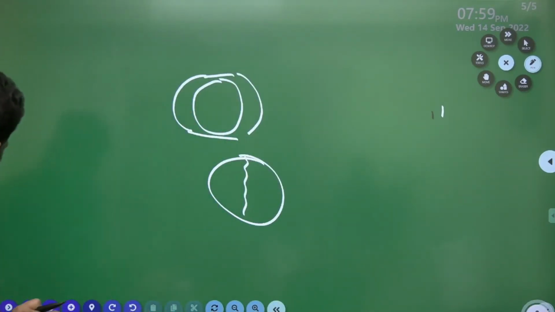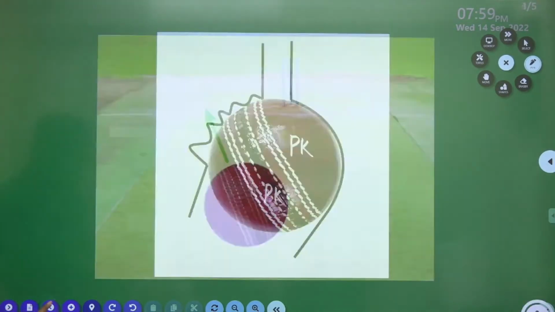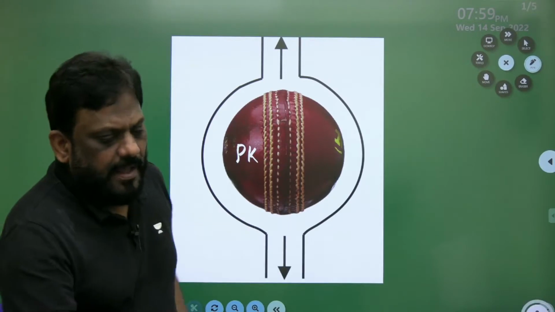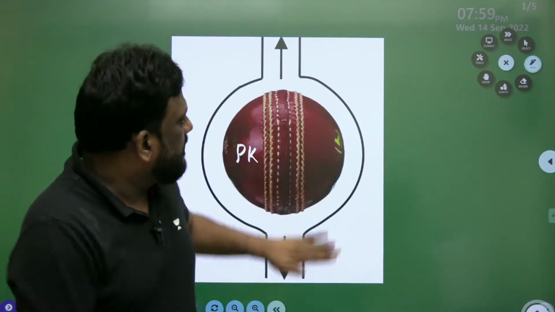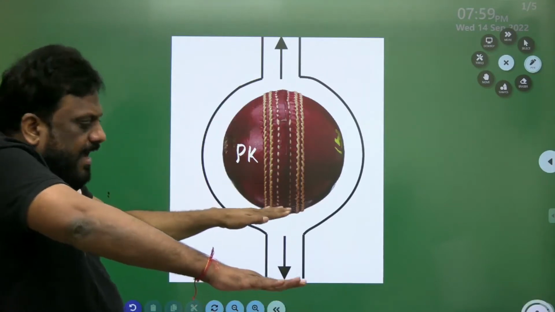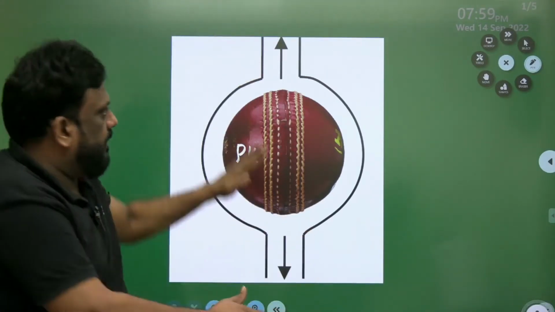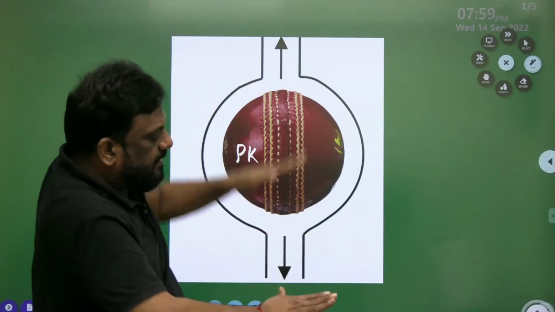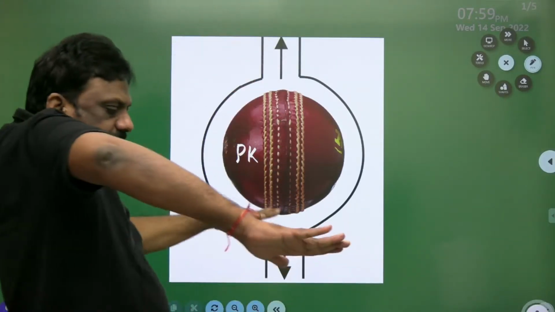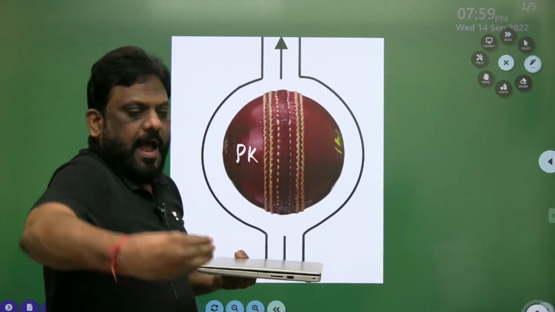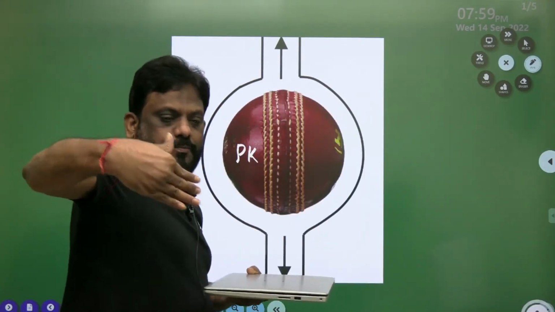Now let us take absolutely a new ball. Try to understand concepts very clearly. Let us assume that this is the ground. For example, I'll take this board, and actually this board is in the horizontal plane. Just imagine that this board is placed like this. Let us say this is the ground, and the bowler is bowling from this side.